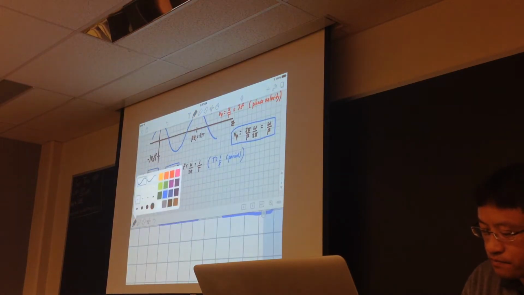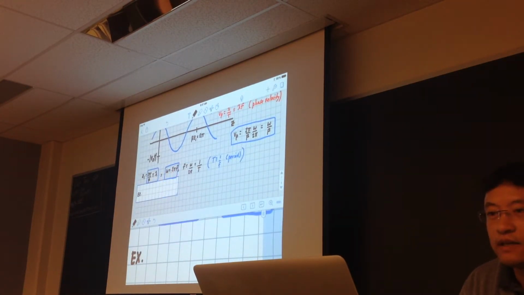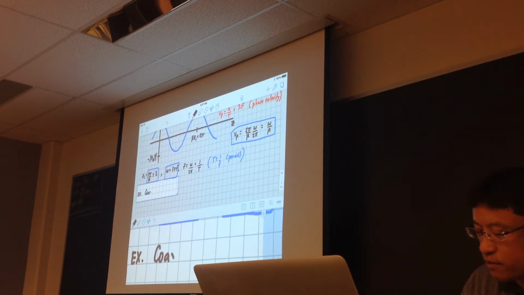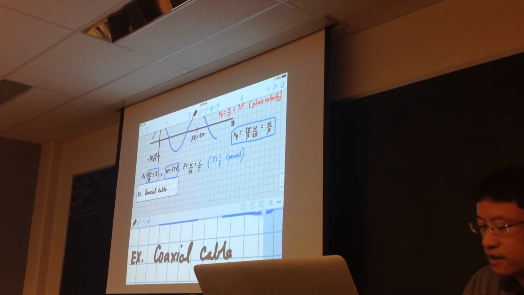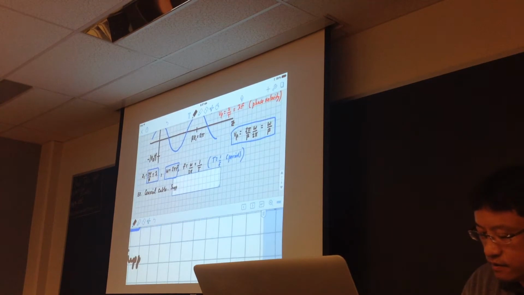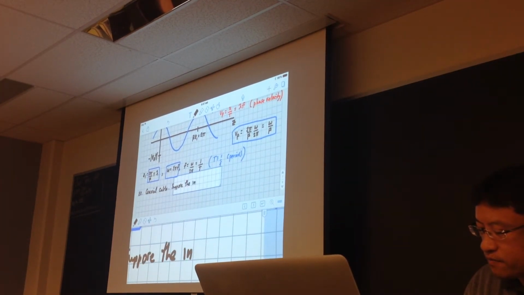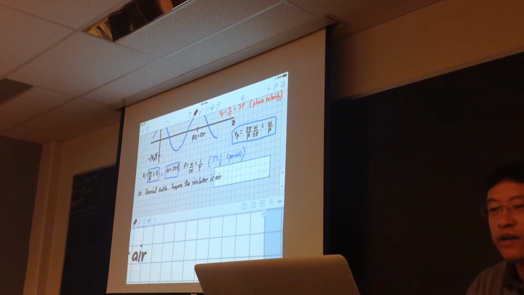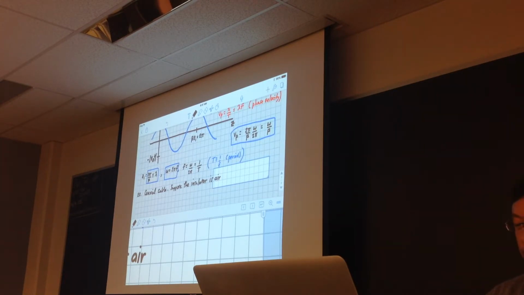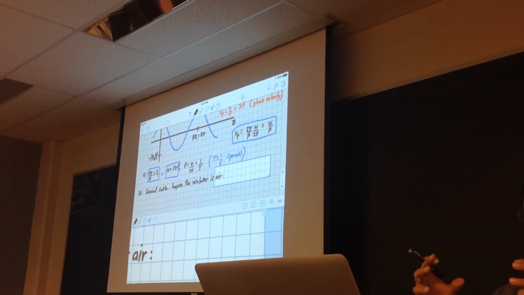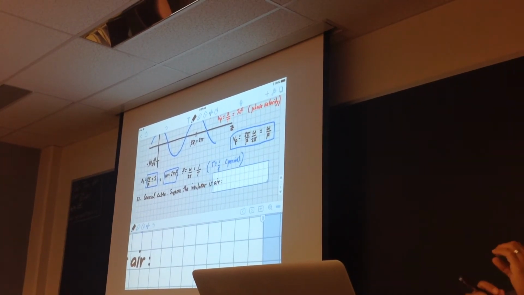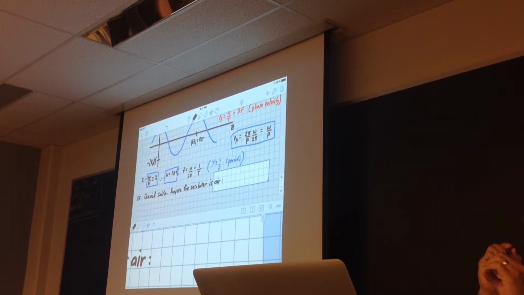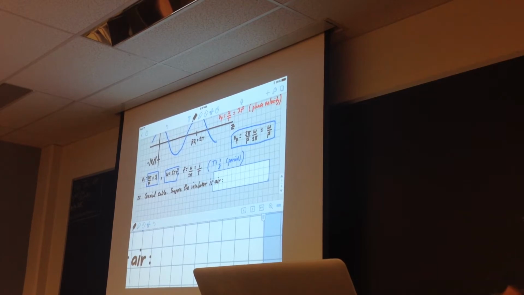As an example, let's take a coaxial cable and let's suppose the insulator is air. So we have an air-filled coaxial cable. In that case, inside of your coax, if you look down at the coaxial cable, you will see inner conductor, air, outer conductor.